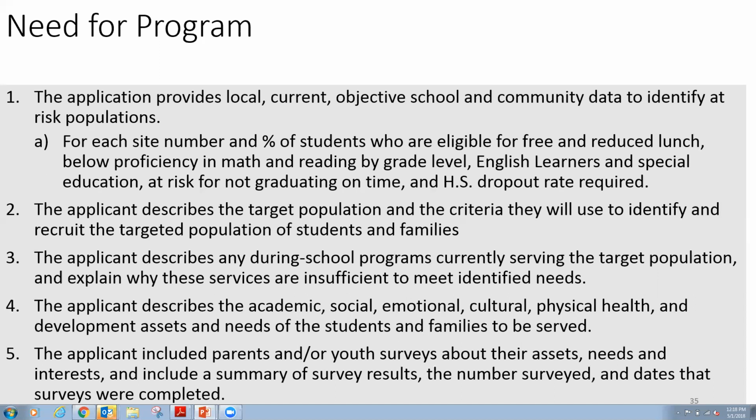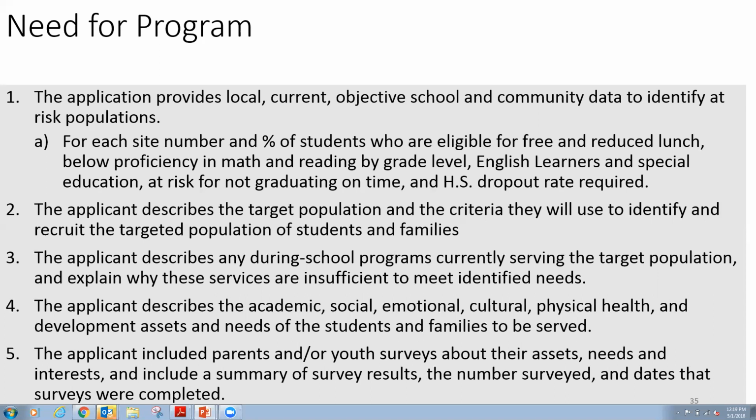You're going to have to name them, talk about them, know who they are, and how this program is going to add to the services that are already there and meet an identified, unmet need. So we're looking to be additive to communities where there are already a lot of services.